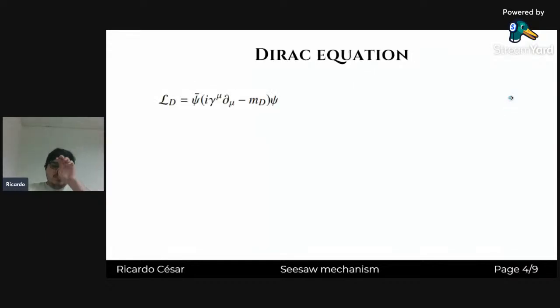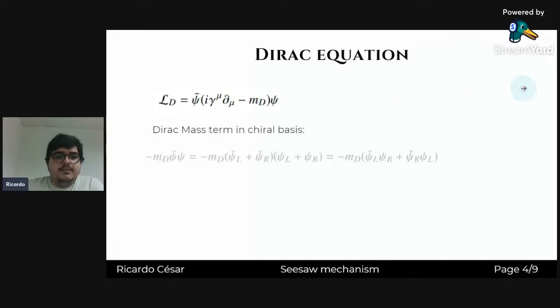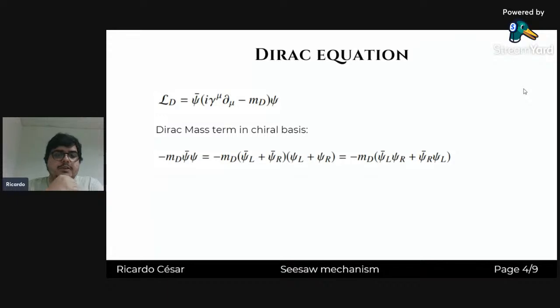Okay, so I'm gonna start with the Dirac equation, which is given by this. You have the Dirac mass here, m_D, and the spinors. So if we expand this mass term here in the chiral basis, you have this form. This is left-handed chirality, right-handed chirality, and they interchange between them.